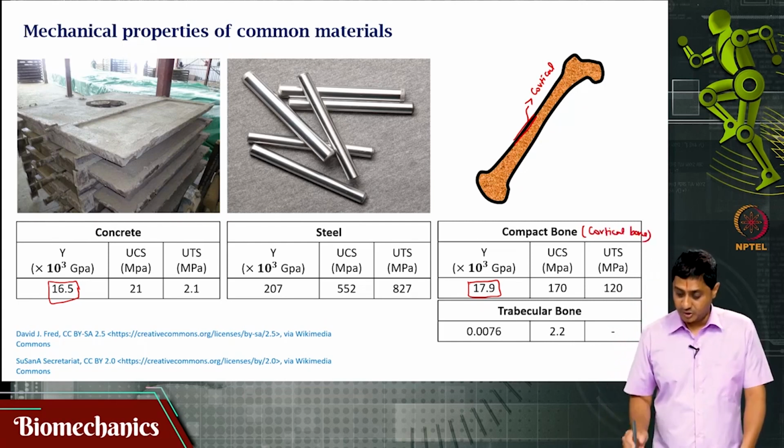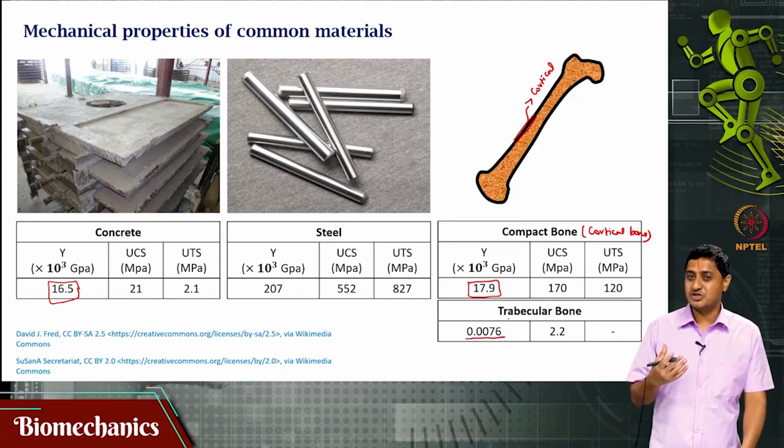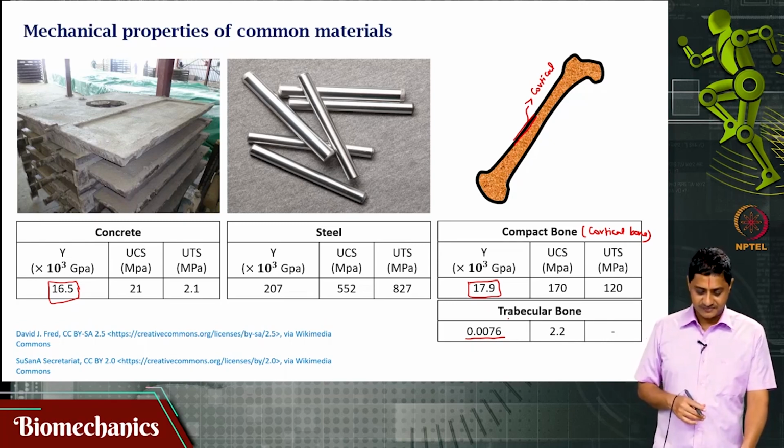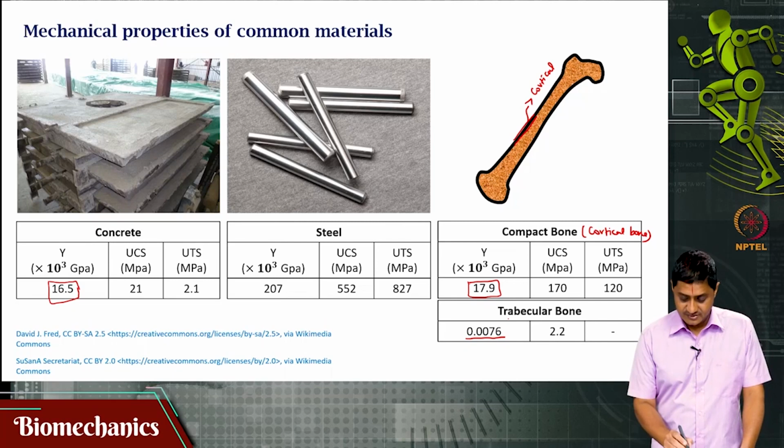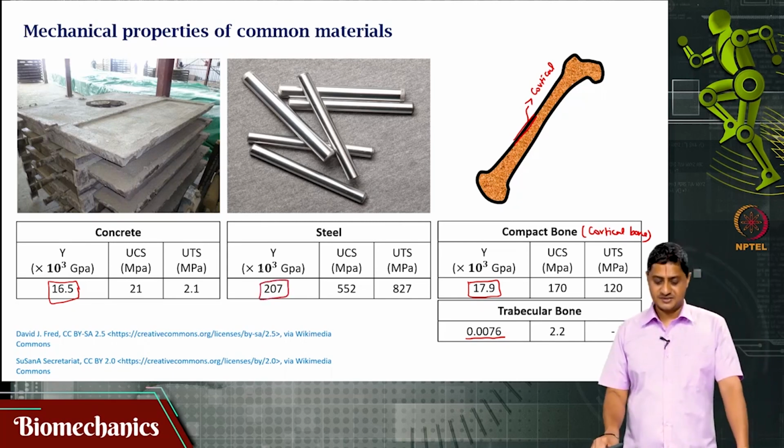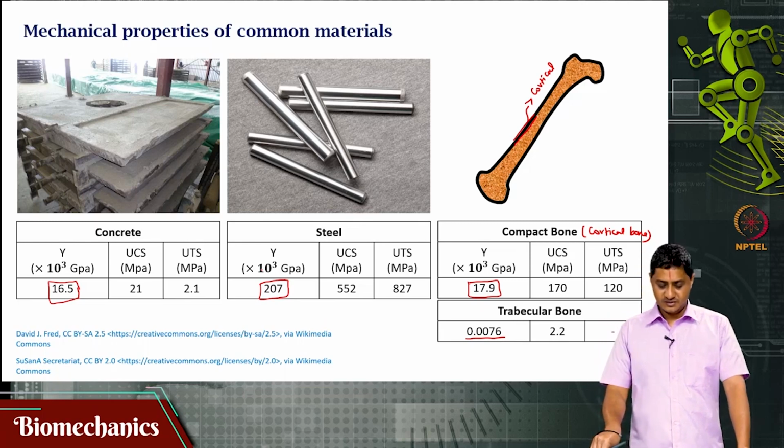Of course, for trabecular bone that varies to a relatively much smaller number, because the trabecular bone is spongy, you do expect this value to be a very small number. So, that is fine. Compare that with steel. Of course, steel will have a higher modulus.